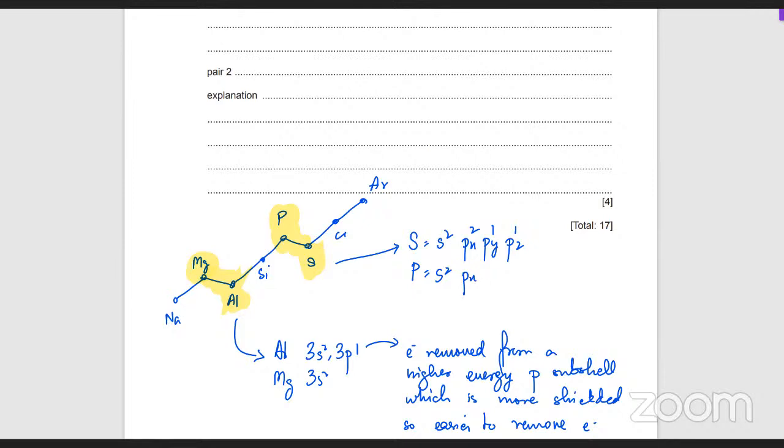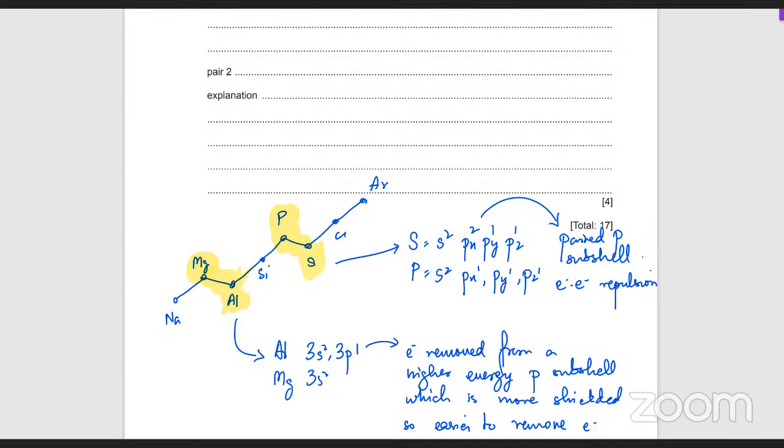That's group 5, so 3p3, px1, py1, pz1. So in sulfur there's a paired p subshell, which causes electron-electron repulsion, or electron spin pair repulsion.